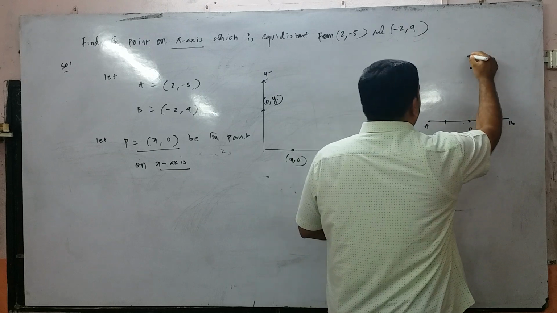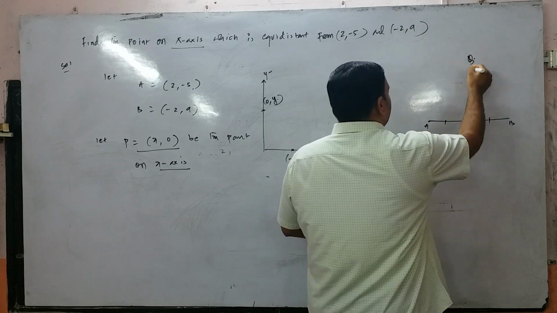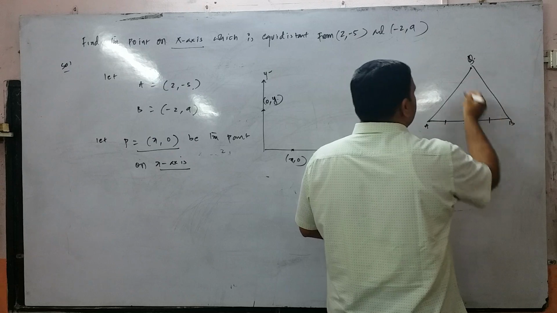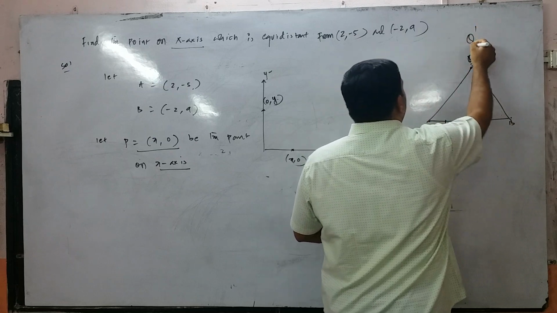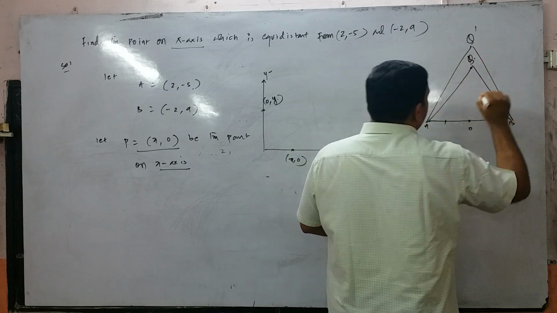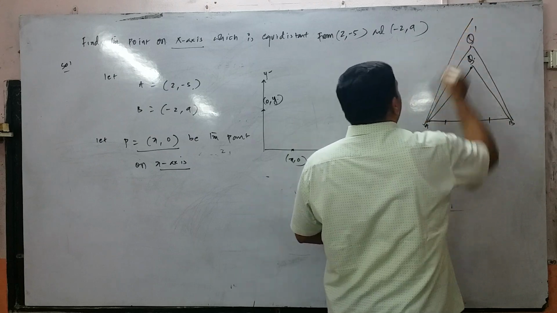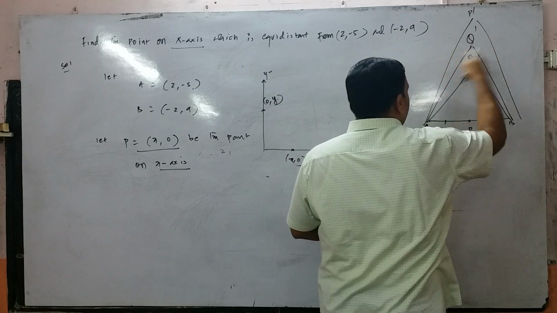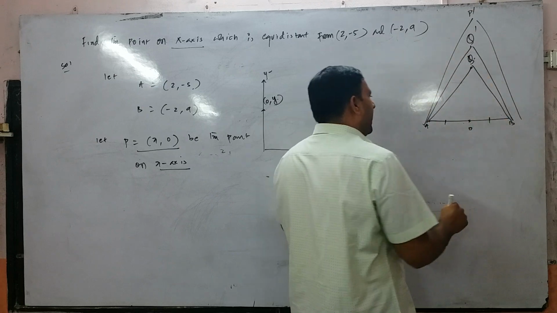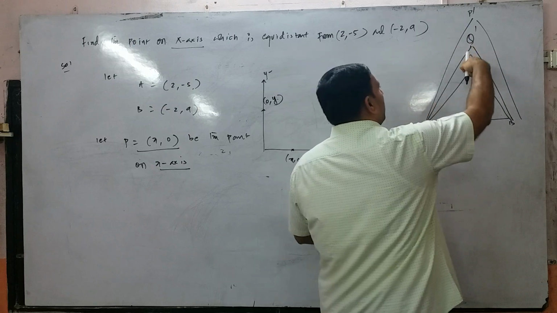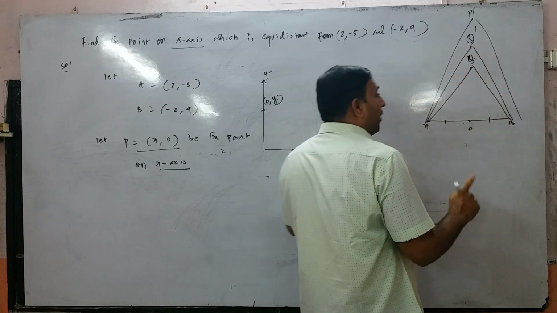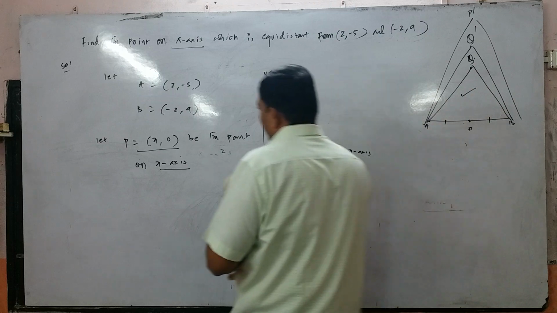But I will take one more point Q. This distance is equal to this distance. So this Q is equidistant from A and B. I will take one more point Q dash. This is also equidistant from A and B. I will take one more point P dash. This is equidistant from A and B. So please understand, midpoint is equidistant, but every equidistant point need not be a midpoint. So please remember this.